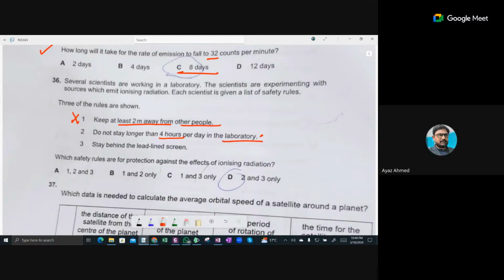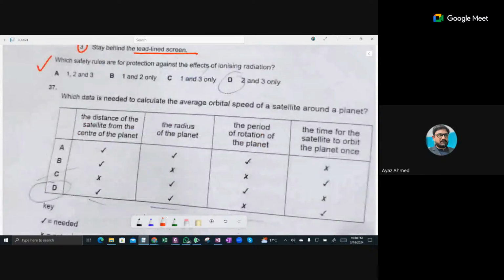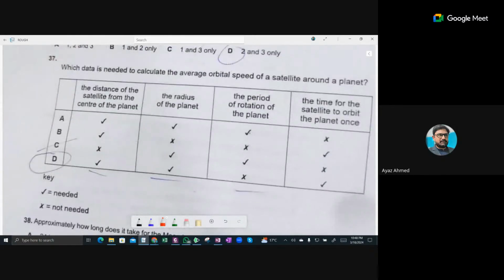I'm not quite sure whether that is the standard or not. Stay behind the lead screen. 2 and 3 can be possible options, yes. One is just nothing. Okay.